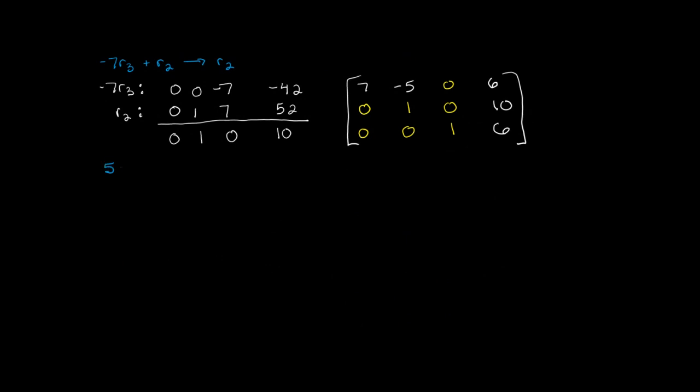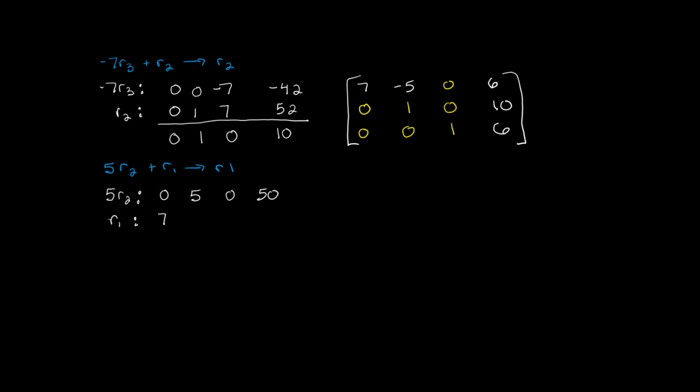So 5 times row 2 plus row 1, and then the result is going to be in row 1. And you don't have to write it in the order that I do. You can write it as row 1 plus 5, row 2. It doesn't matter. So 5 times row 2 is going to be 0, 5, 0, 50.